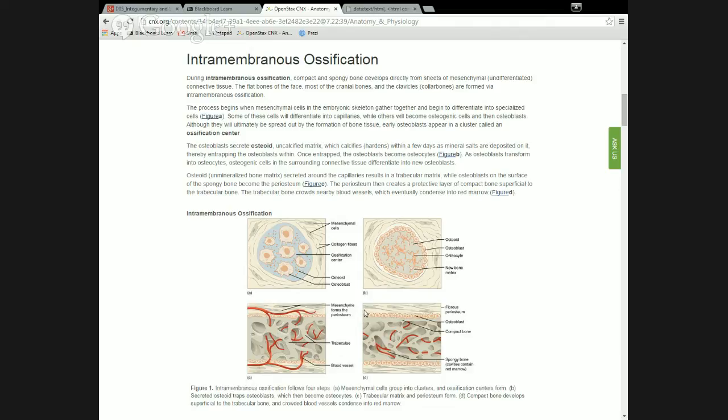Then at the edge, the osteoblasts are laying down the compact bone shell on the outside. The mesenchyme beyond the part that's becoming bone ends up becoming the other connective tissue that covers the bone, called the periosteum. So that all develops there.